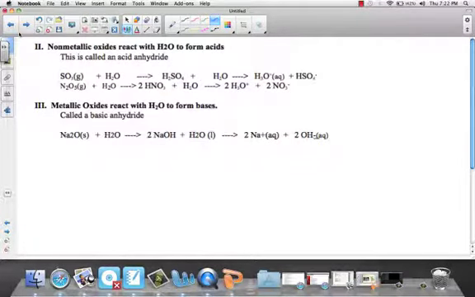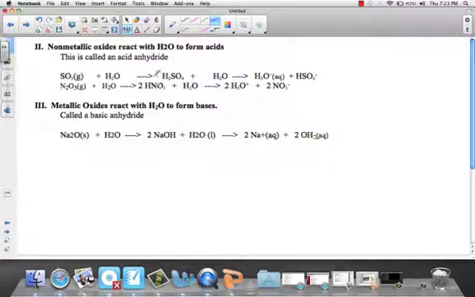We have non-metallic oxides that react with water to form acids. These are called acid anhydrides. So you're starting with a non-metallic oxide, a nonmetal and oxygen, that reacts with water. Here we have sulfur, which is a nonmetal, and oxygen. That's sulfur trioxide. It reacts with water and produces an acid, H2SO4.